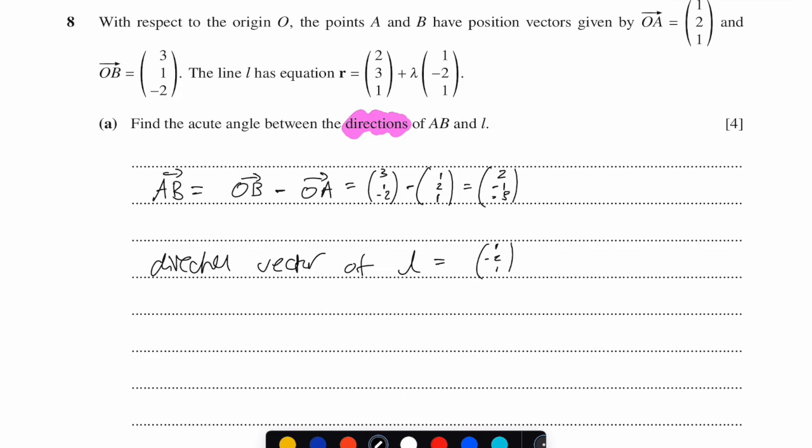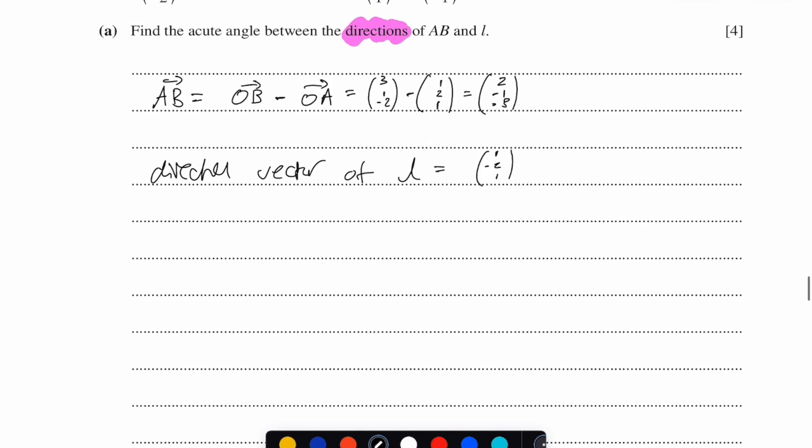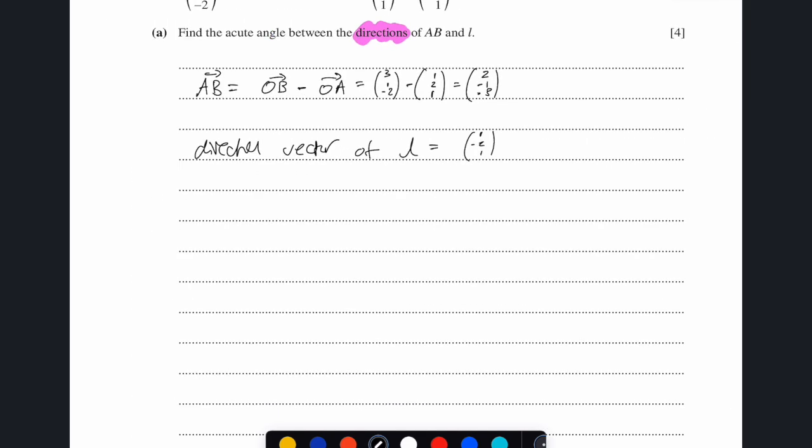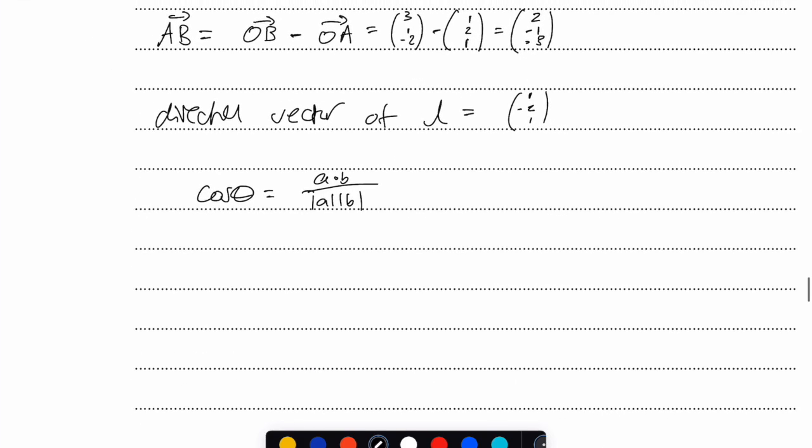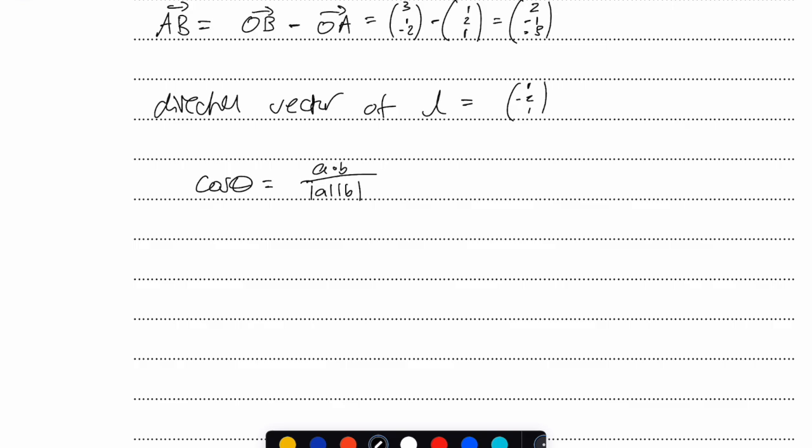So, remember what cos theta equals. Cos theta is equal to the dot product of AB and the direction vector, over the product of the magnitudes. So what's the dot product?